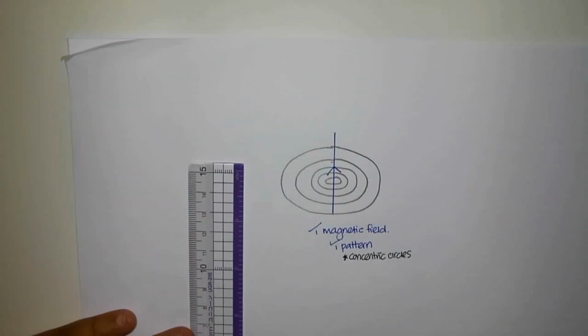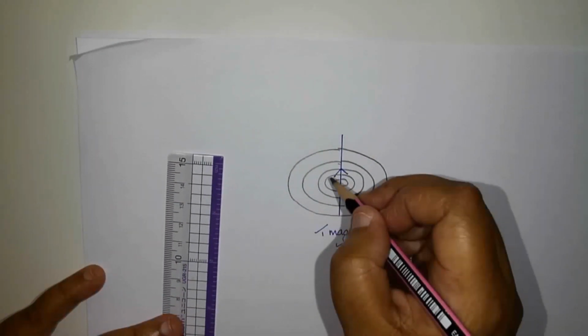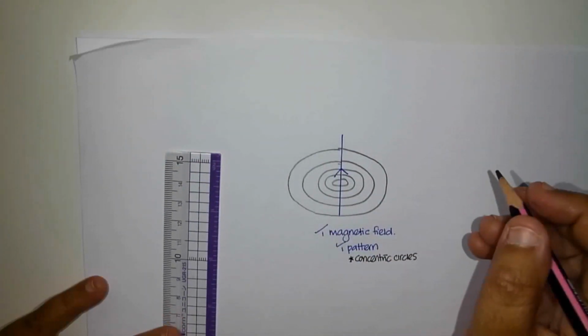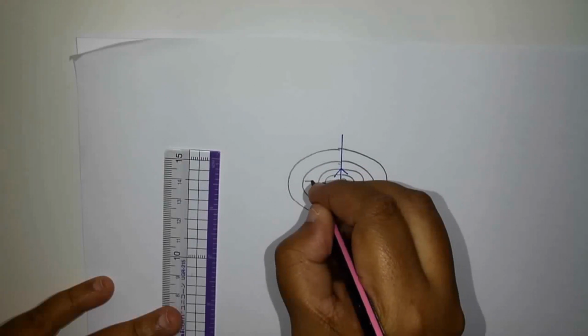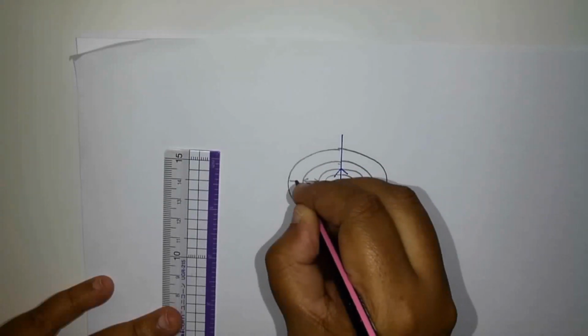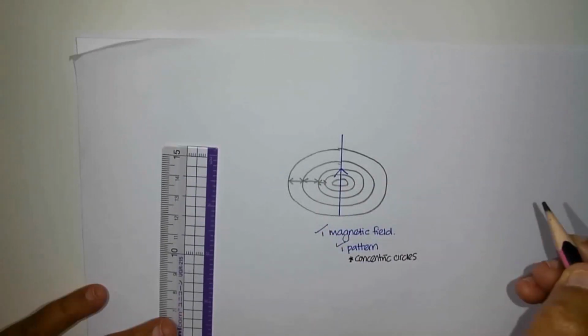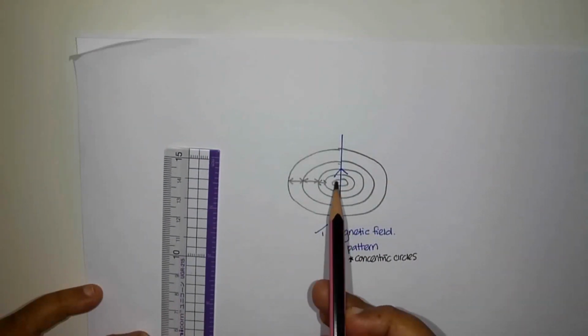The separation between the lines of force, these are the magnetic field lines of force, increases as the distance from the wire increases.